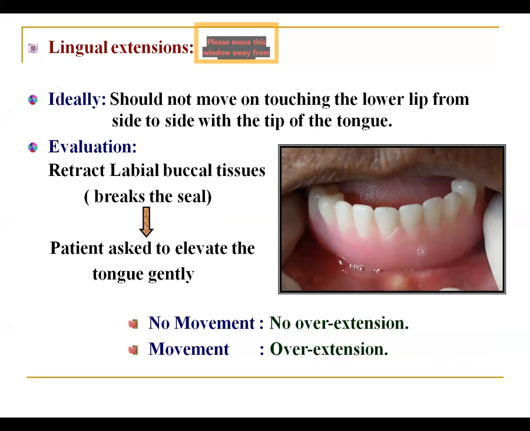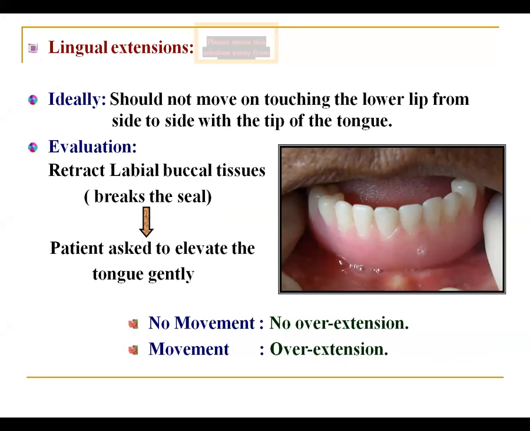Same for lingual extension of your lower borders. What are we going to check? Ideally, your lower denture should not move by non-exaggerated or simple movement of your tongue, or on touching the lower lip from side to side with the tip of your tongue.